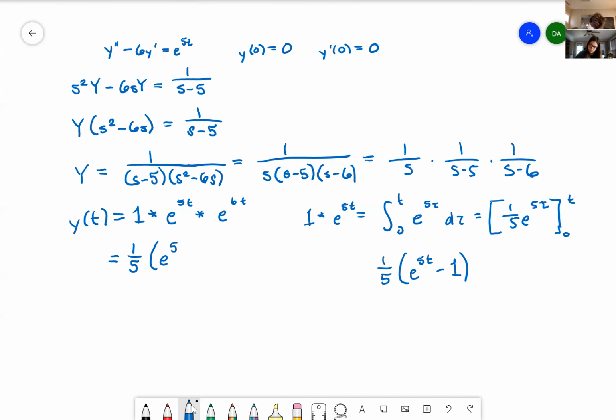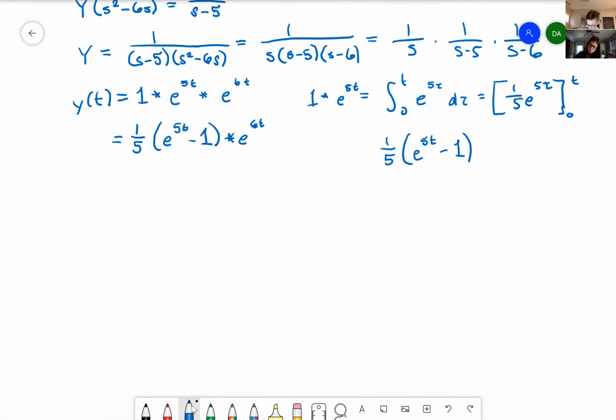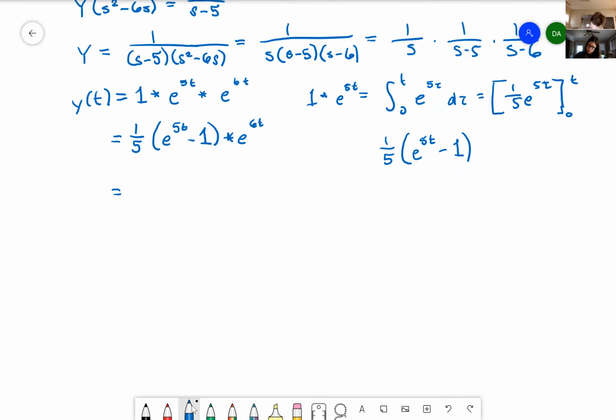1/5 times 1 involved with e to the 5t involved with e to the 6t. This is, I guess, good practice because we'll get to see some of the properties of the convolution. One of them is that I can pull this 1/5 out, and the other is that it's a linear operator, or a bilinear operator. It's linear in both sides.